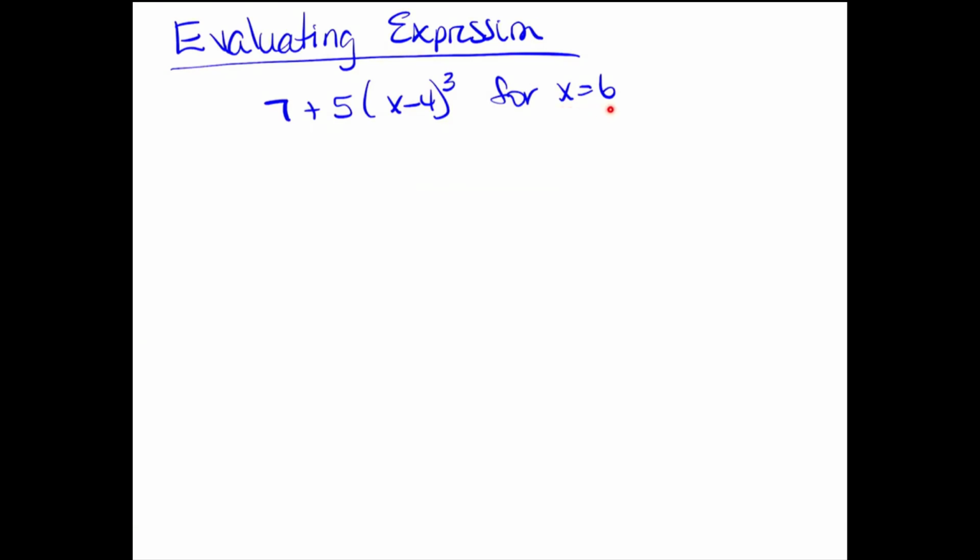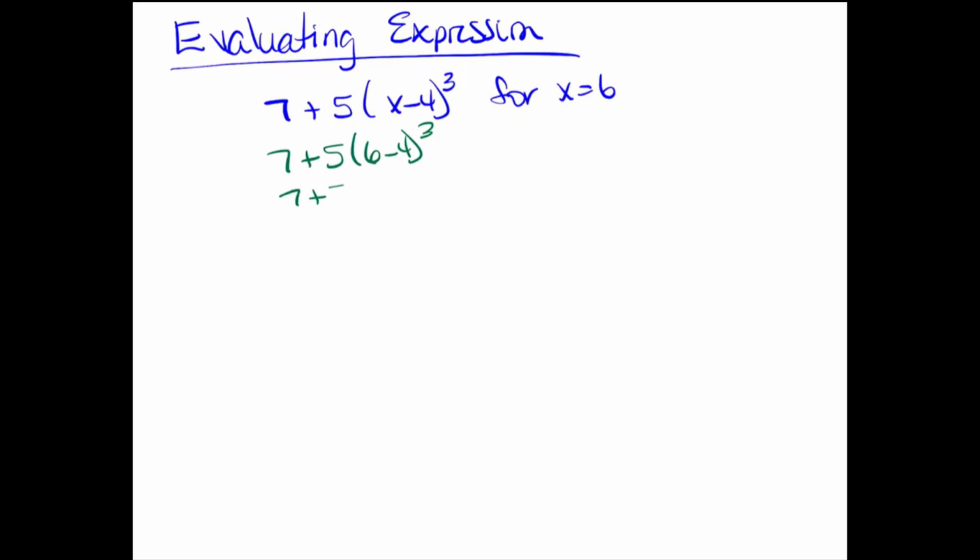So we know that x equals 6. So this is just going to go in for our x, or any x that's in the expression. We just have the one. So we're just going to go ahead and plug that in. So we get 7 plus 5, then in parentheses, 6 minus 4, to the third. So now that we have all numbers, we can just go through and evaluate by using our order of operations. First thing we're going to do is parentheses.